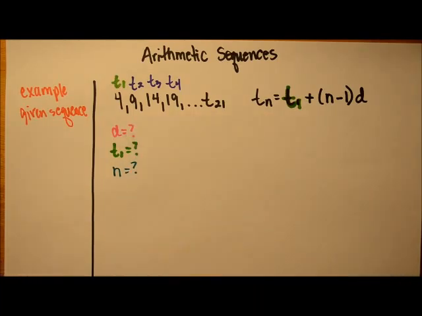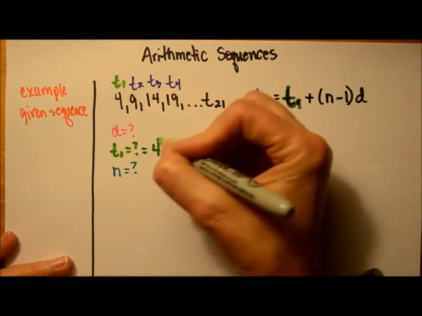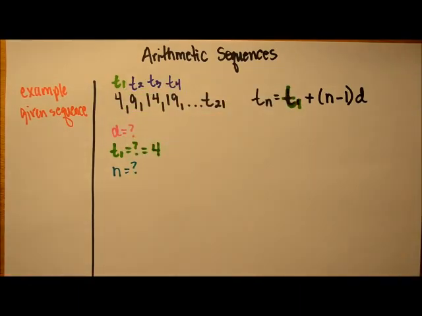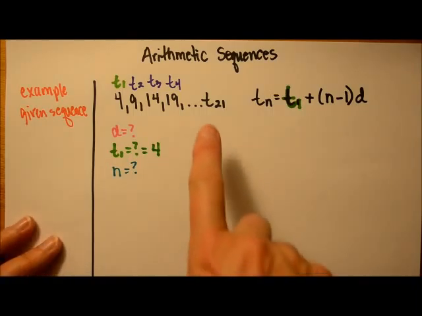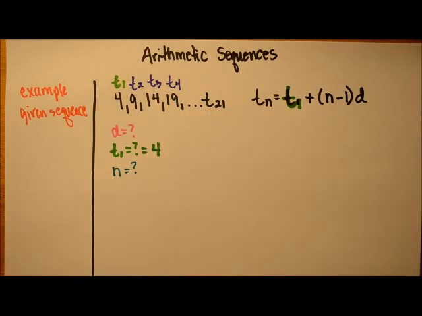Okay, I need to know what N is. So I'm going to go ahead and fill them in. Well, T1, I can see there, T1 is 4. It's the first term. N, if I'm trying to solve for T sub 21, N is 21.